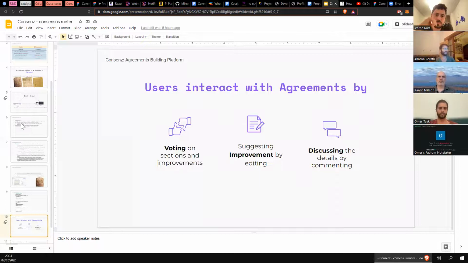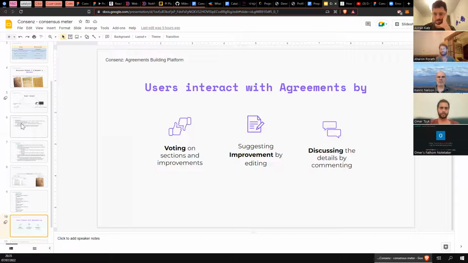But it is complicated, I'm aware of it. But from the user experience and from the use of the platform, it can be simple. Users can just come in and vote. This is something I realized many times when I pitched Consenz to all kinds of groups.